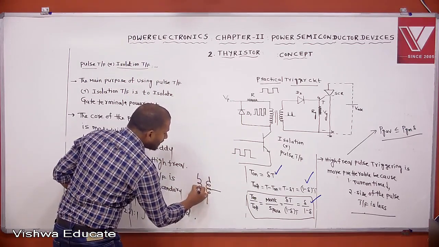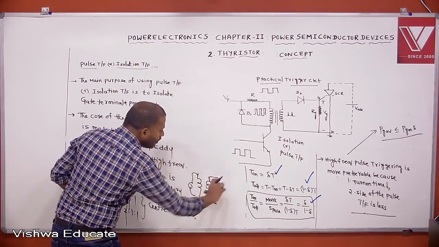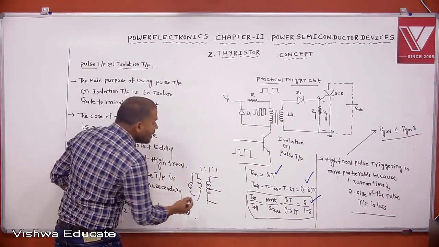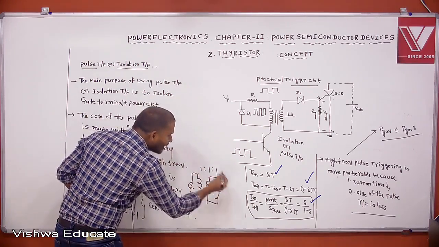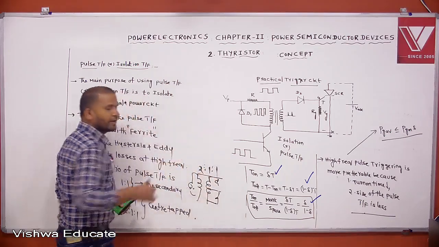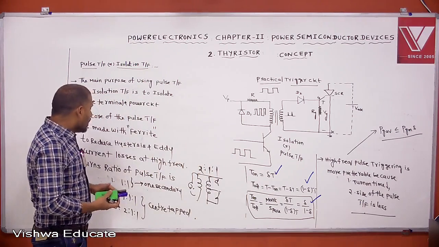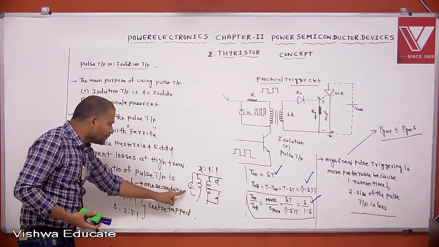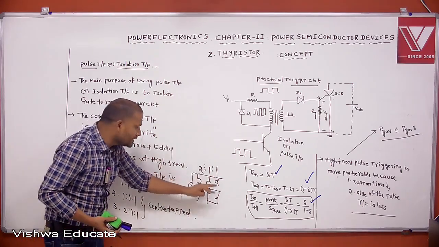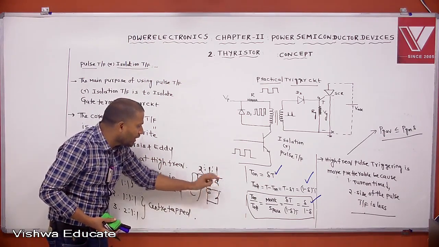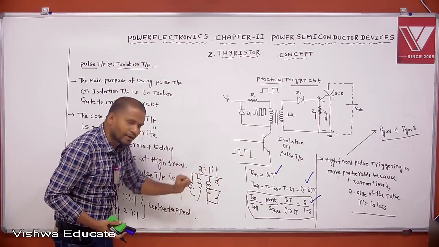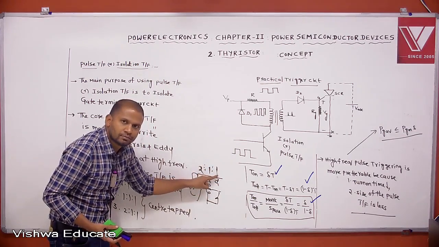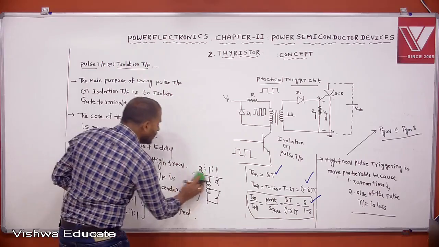Even though the center tap has two secondaries, if at a time only one is utilized, you define 1:1:1. But if two are connected and utilized at a time, then it is 2:1:1. Understood? Like that we can define the turns ratio of the pulse transformer.